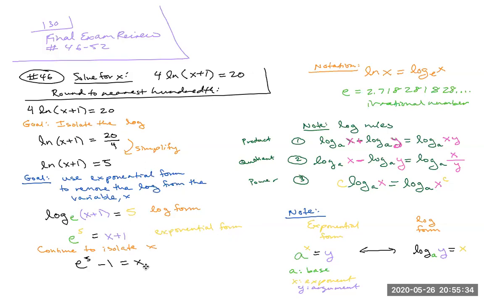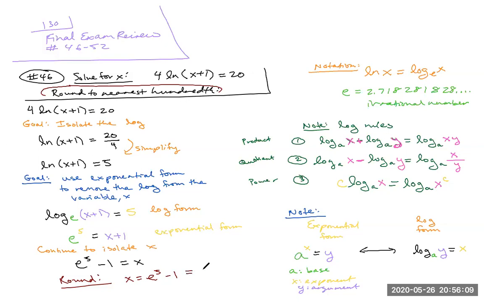Okay, so you see how we have x isolated. Now we need to round to the nearest hundredth. So what we're going to do, x is equal to e to the 5th minus 1. You're going to plug that into your calculator. And let's leave the exact version first.